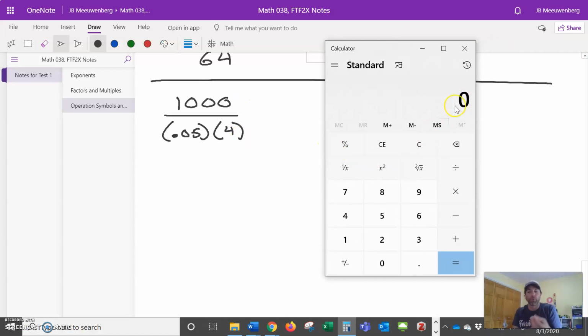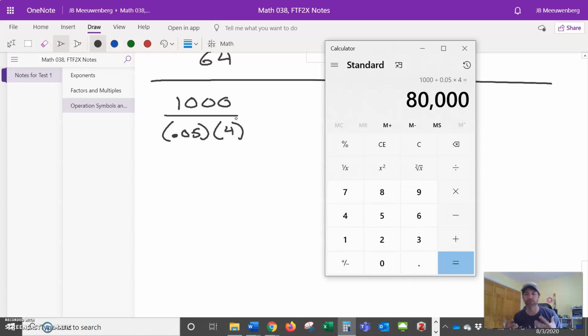The way that a lot of people would type this into a calculator would look at this and say, well, I've got 1,000 on the top and then divided by 0.05 times 4. So you would type it in your calculator as, I'm going to tell you, this is wrong. You would type it in as 1,000 divided by, again, this is wrong, 0.05 times 4.